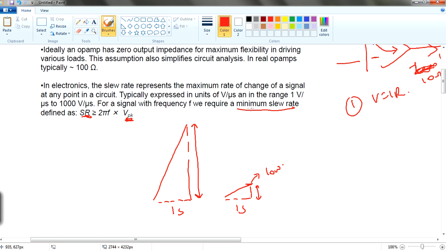If your V peak is so high, you're gonna have a very high slew rate. This means you have a very huge rate of change of your signal. So your signal is very unstable, because you want the signal to be very steady state, right? But if your signal keeps changing and changing, it's not very stable at all. So this is the thing he's talking about.